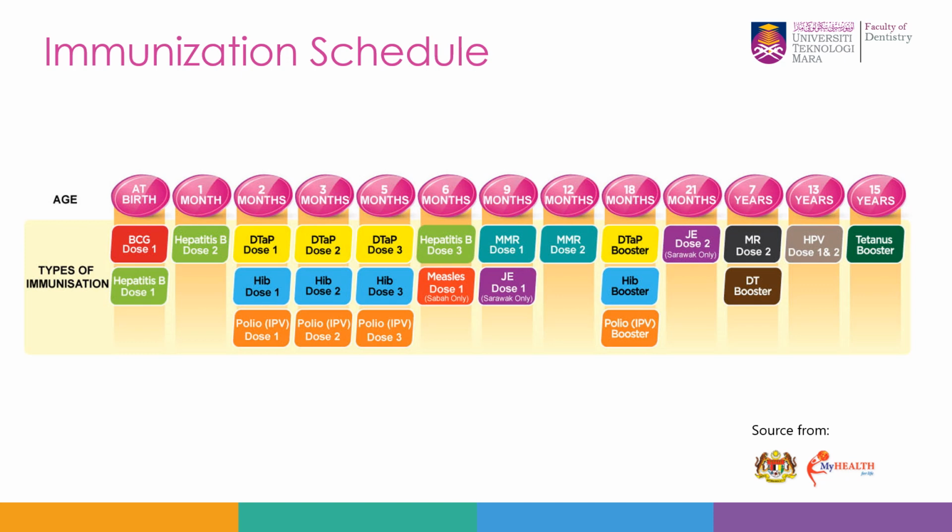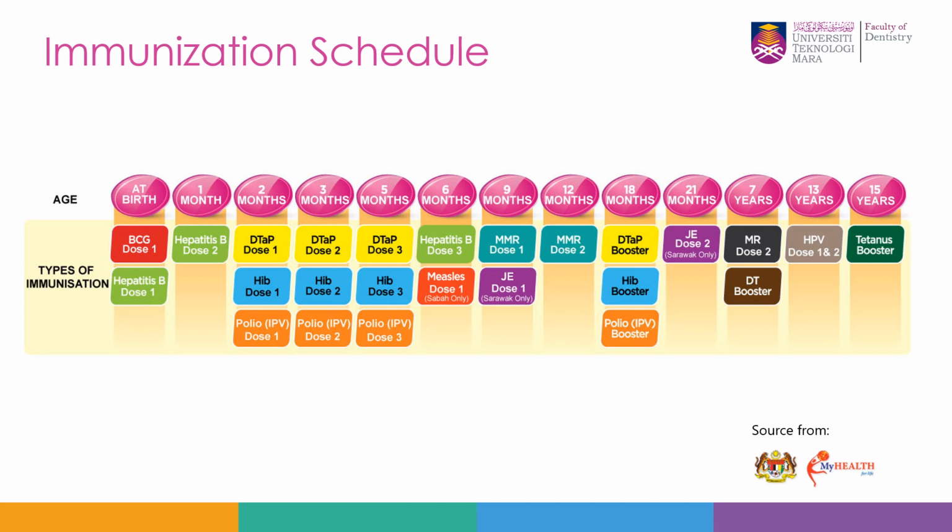So you can see the whole range of vaccines given to an individual from birth all the way to age 15. But beyond age 15, there are other vaccines that can be given, for example flu virus and meningococcal vaccination, which are also available for adults.